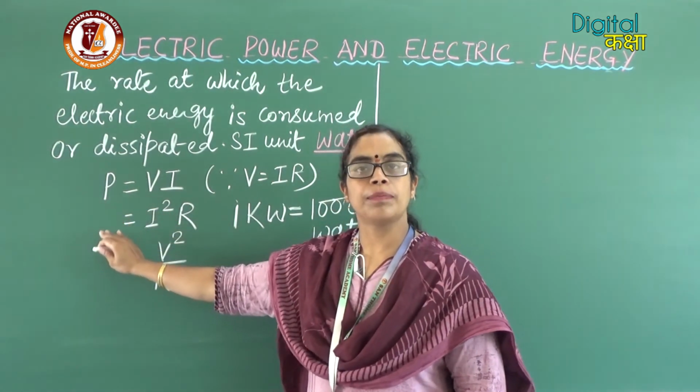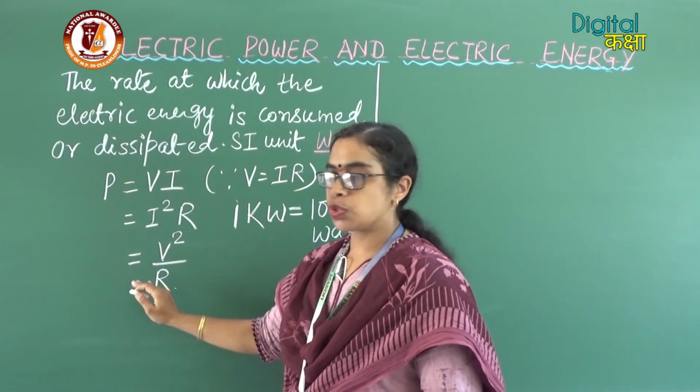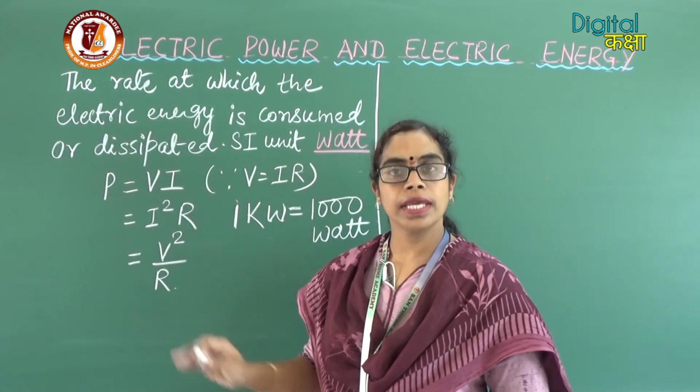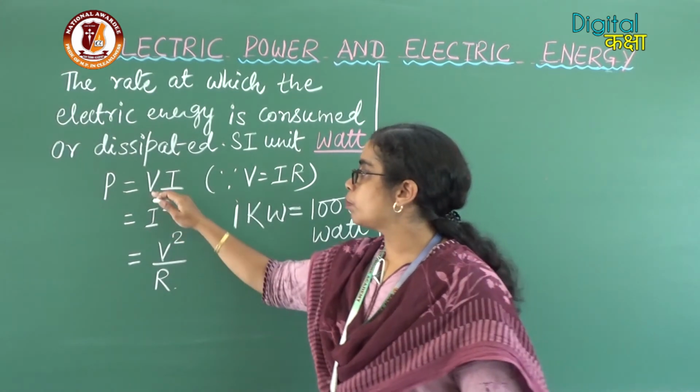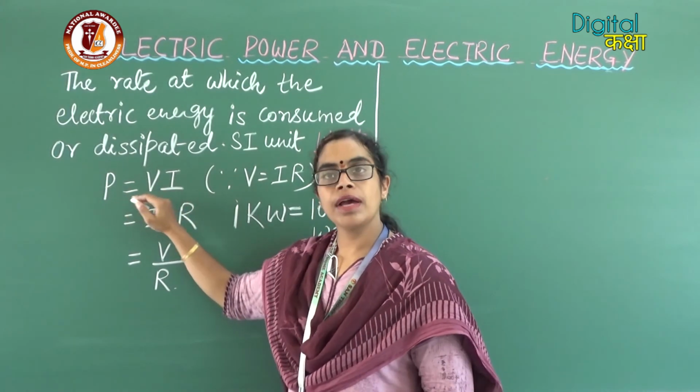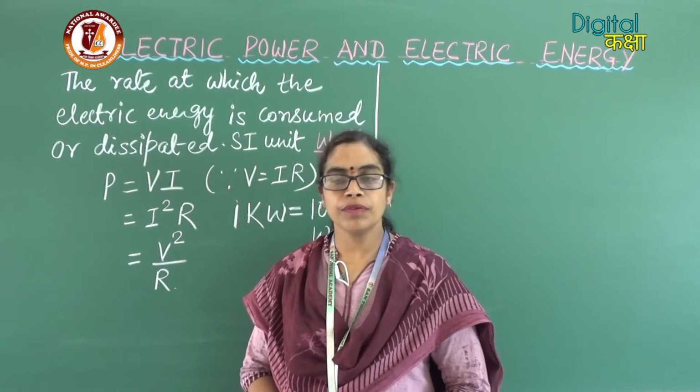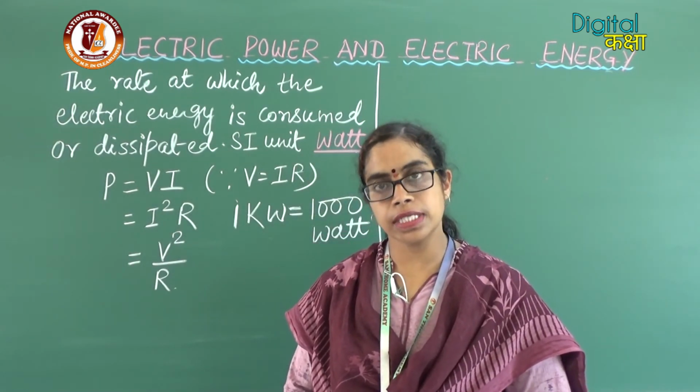The formula for the power can be understood as P is equal to V into I. This is the formula which we have written from the topic where we have derived the formula for the heat energy.